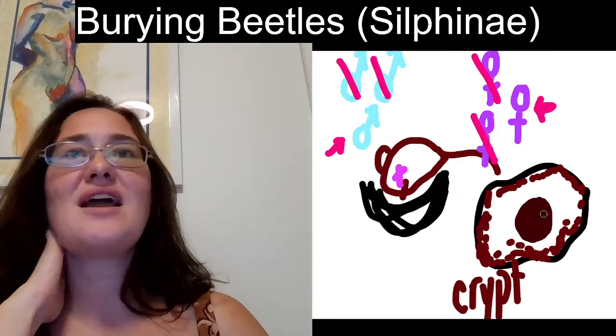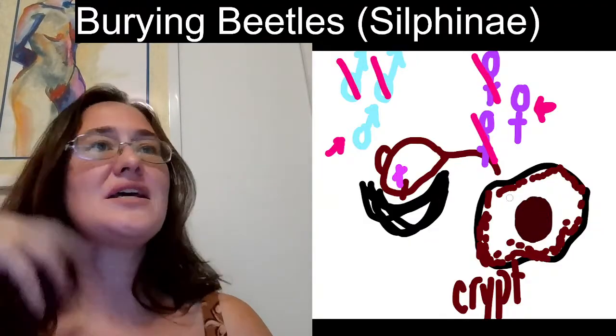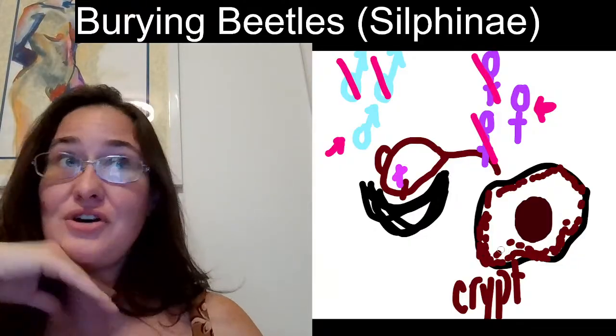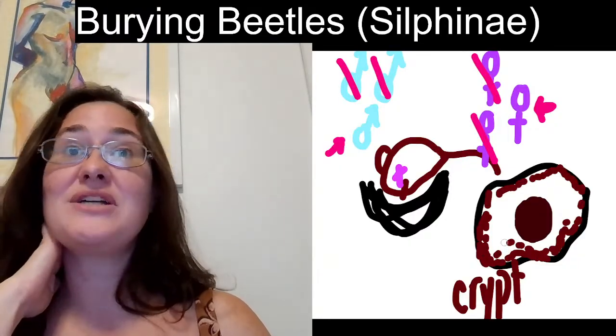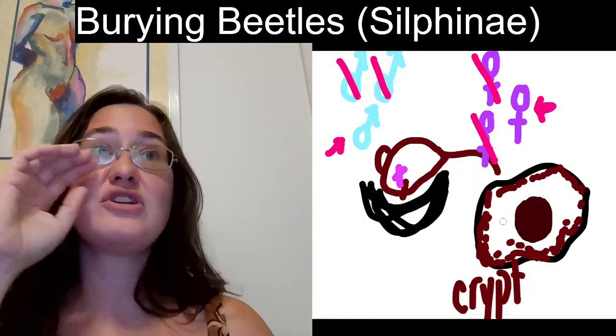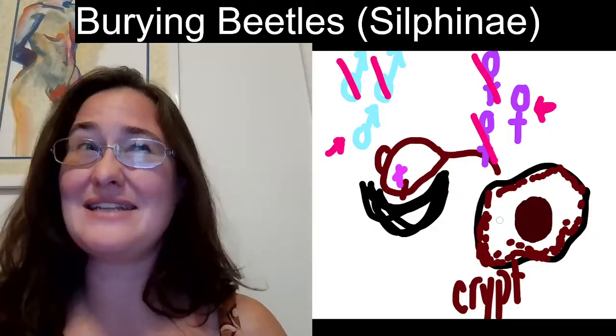And because they have antimicrobial and antibacterial properties inside of their spit, this meat doesn't go bad. It also stops the meat from smelling too much. And that's going to help protect the meatball from other animals that want to eat dead things.